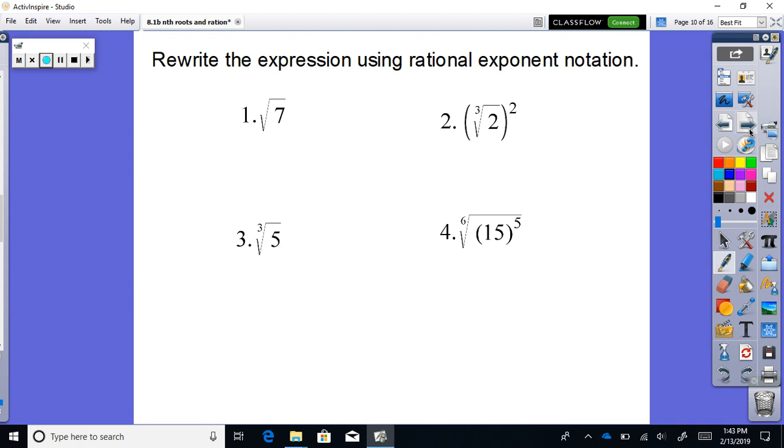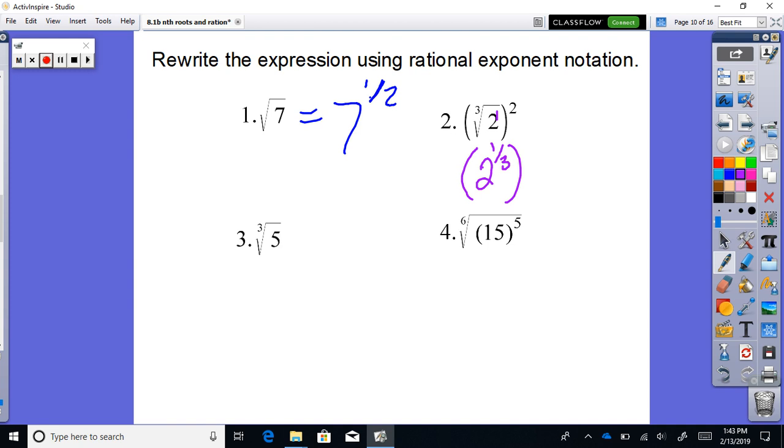So the square root of 7 can be rewritten as 7 to the 1/2 power. The square root is the 1/2 power. Number 2, we have the cubed root of 2, and then raised to the 2nd power. So this one is going to be 2 to the 1/3 power, because in here you have 2 to the 1st raised and the cubed root.